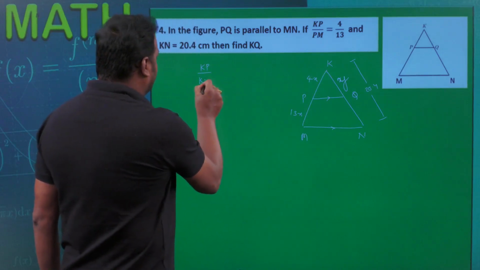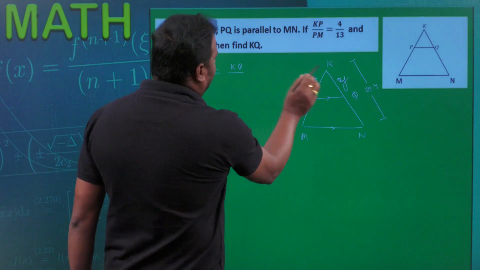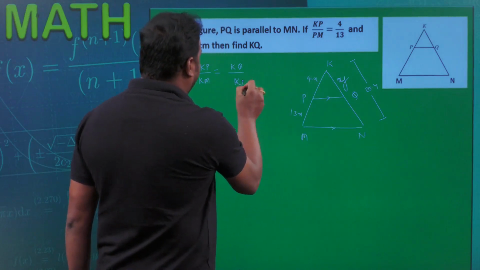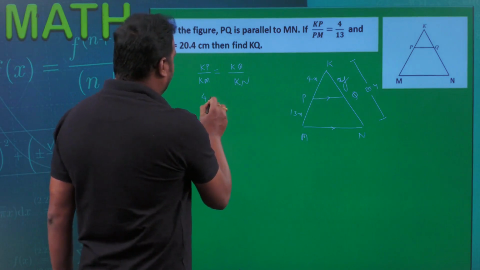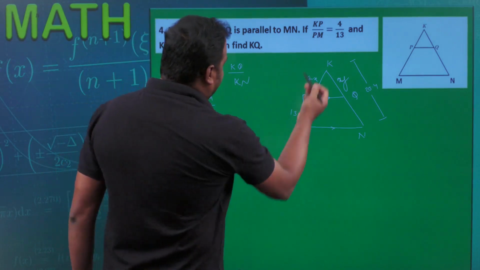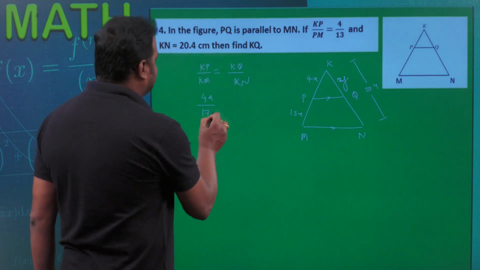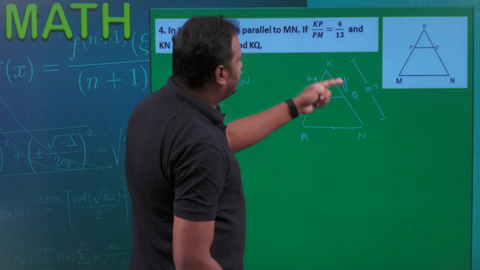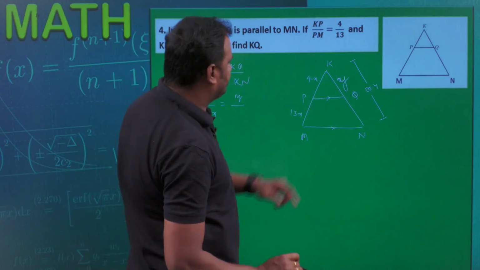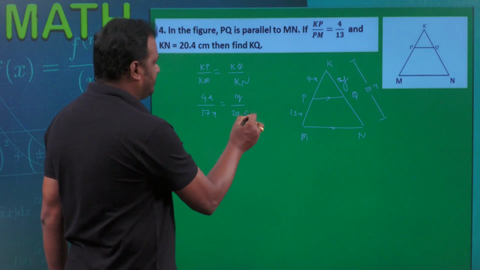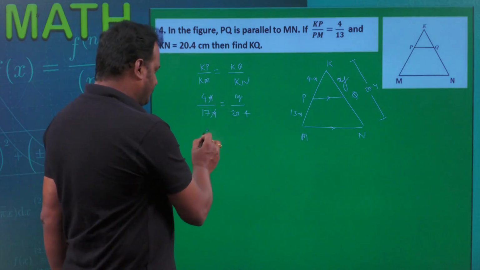Now KP is equal to 4x divided by KM, which is 4 plus 13, equal to 17x, is equal to KQ, I do not know, let it be Y, divided by KN, which is 20.4.